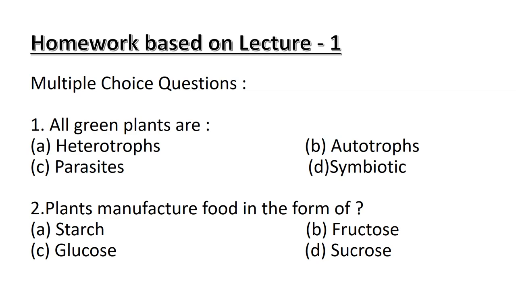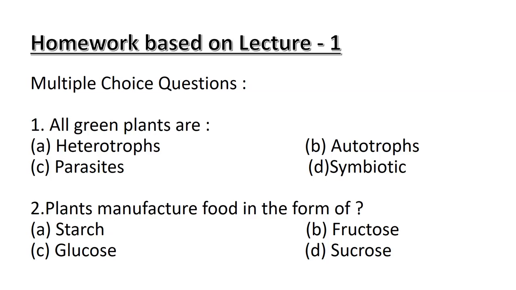Question number 1. All green plants are: option A, heterotrophs, option B, autotrophs, option C, parasites, option D, symbiotic.